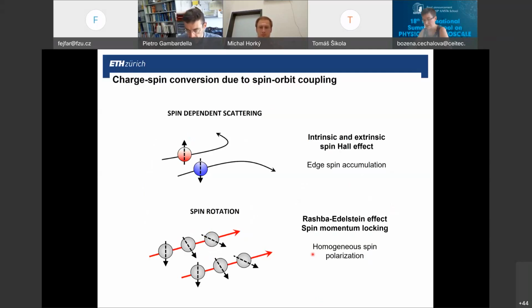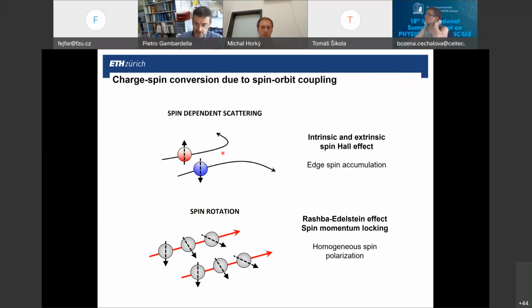There are two major effects that can be used to generate a non-equilibrium spin accumulation by injecting an electric current into a system. One is called the spin Hall effect. The other one is called the Rashba-Edelstein effect, or spin momentum locking. The spin Hall effect is essentially the separation of spin up and spin down electrons due to spin-dependent scattering.